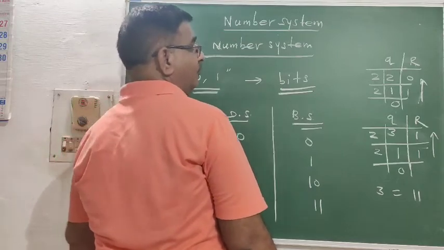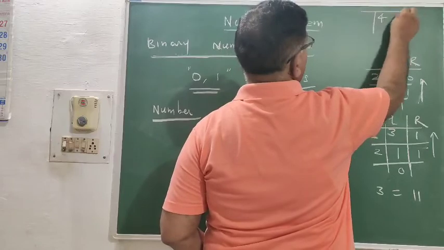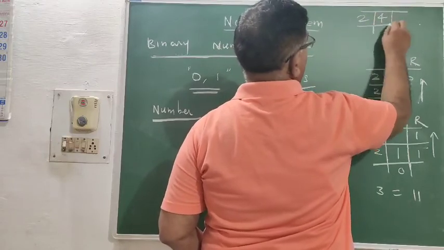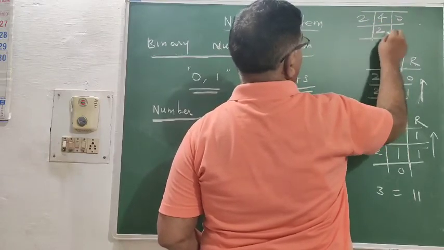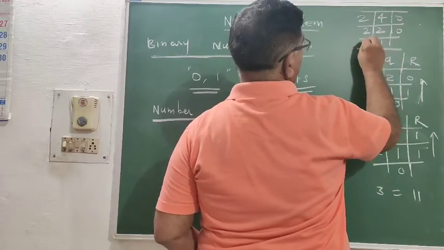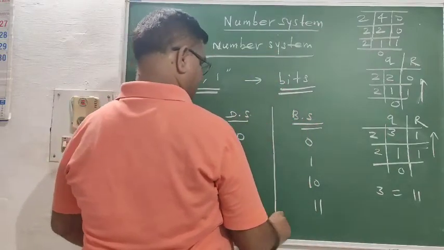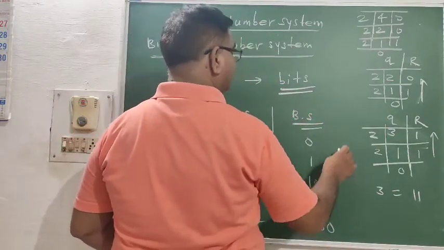Similarly, you write for 4. Divide 4 by 2. 2 twos are 4, remainder is 0. 2 ones are 2, remainder is 0. Then 2 0 1, that is, 4 is written as 100.